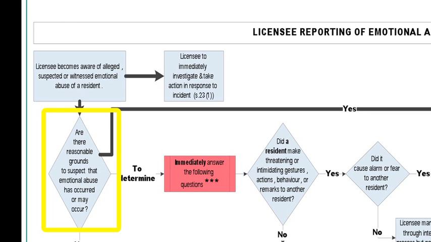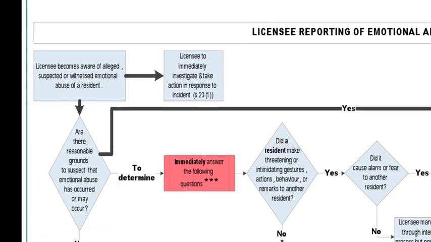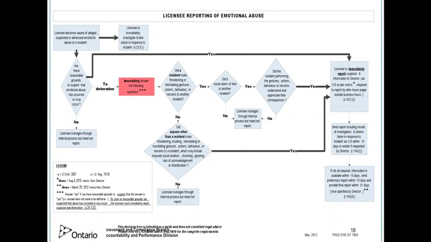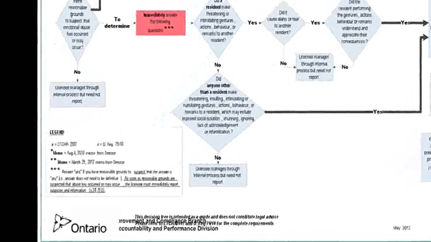Of course, you will continue and do an investigation, but you have reasonable grounds right at this point, and you immediately do what you need to do, including the immediate reporting. So what we're saying to people is, for the sake of learning and getting more comfortable with definitions, it's a good idea to walk yourselves through the decision trees, but whatever point in the decision tree you end up having reasonable grounds to suspect, that's the point where you go to the reporting side.